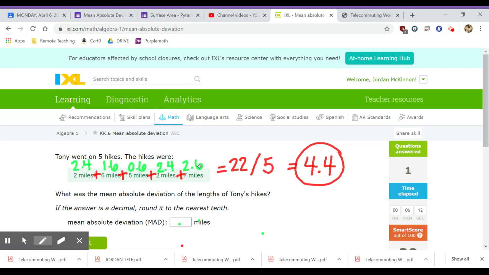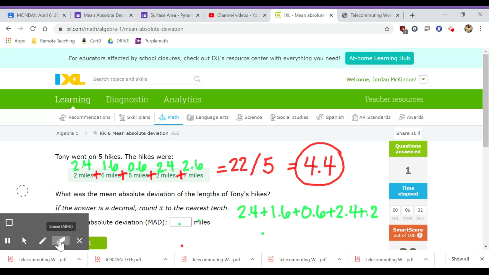Now I need to find the mean of all of these new numbers, these green numbers. So I'm going to copy these down here. 2.4 plus 1.6 plus 0.6 plus 2.4 plus 2.6. Uh-oh, messed that one up.